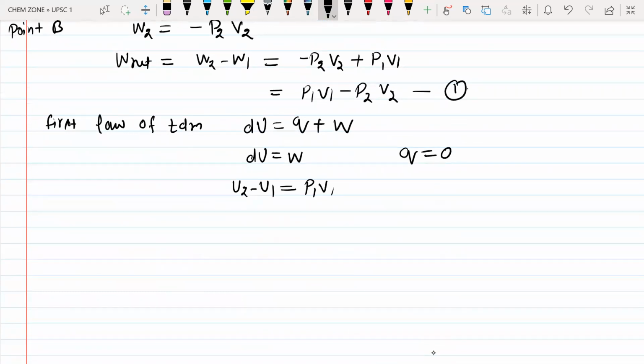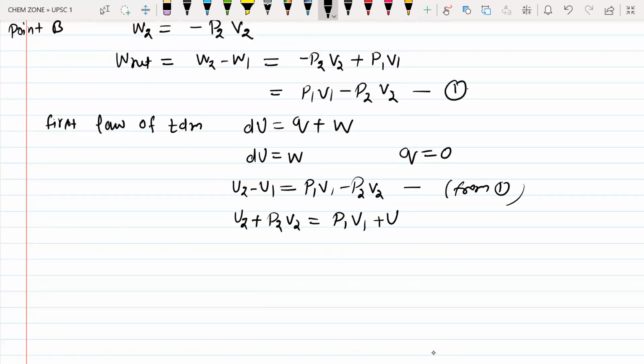And the work done from equation 1 is P1 V1 minus P2 V2. Now separate the terms. U2 plus P2 V2 is considered as the final enthalpy, and U1 plus P1 V1 is the initial enthalpy.